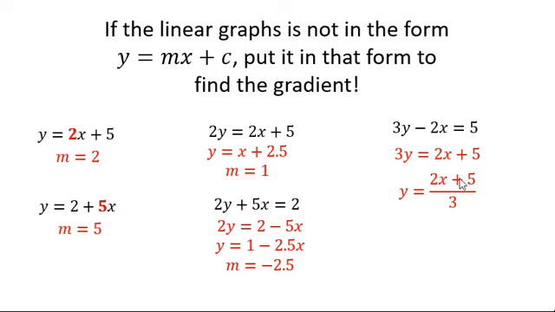But we can split this up into its individual fractions. 2x add 5 over 3 is the same as 2x over 3 add 5 over 3. Now, 2x over 3 is just 2/3 of x. So we can split it up like this, which means that our number in front of our x is therefore 2/3, so our gradient is 2/3.